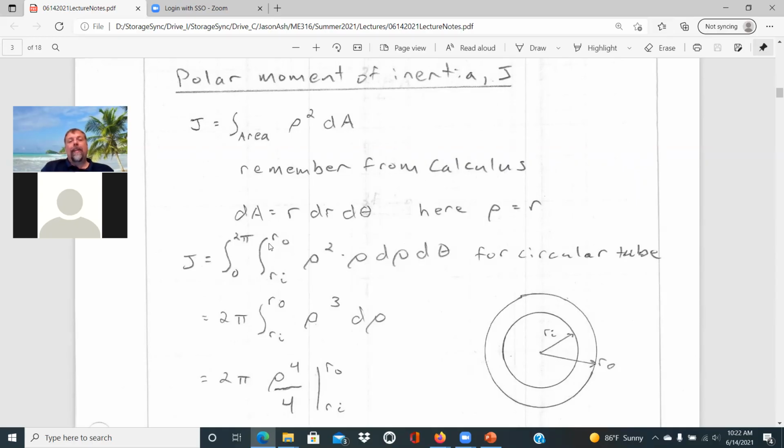And now when I'm integrating that, then I can put in our outer radius and our inner radius for the outer radius and inner radius of our tube, so that when we're integrating that with respect to position, we're good there. And integrating with respect to theta, doing that from 0 to 2 pi for the full 360 degrees. And so that is your direct application of Calc 3 to looking at the polar moment of inertia for our torsion here. And so that sets up the basic integral relationship.